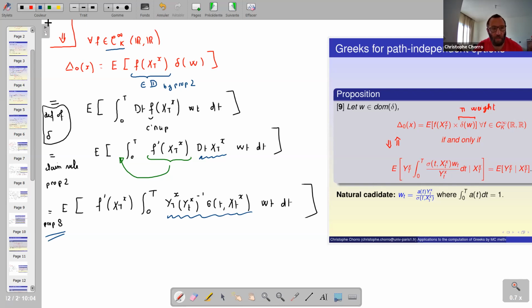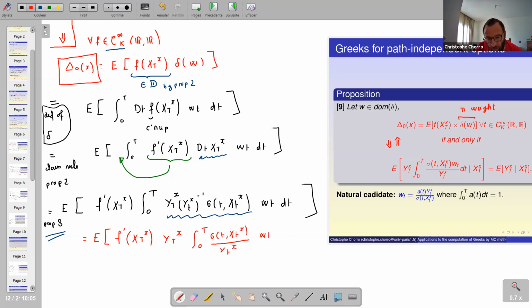So I can simplify a little, and I obtain that my delta_0(x) is equal to the expectation of f prime of X_T(x) multiplied by, something that is independent of small t, Y_T(x) times the integral between 0 and T of sigma(t, X_t(x)) divided by Y_t(x) W_t dt.